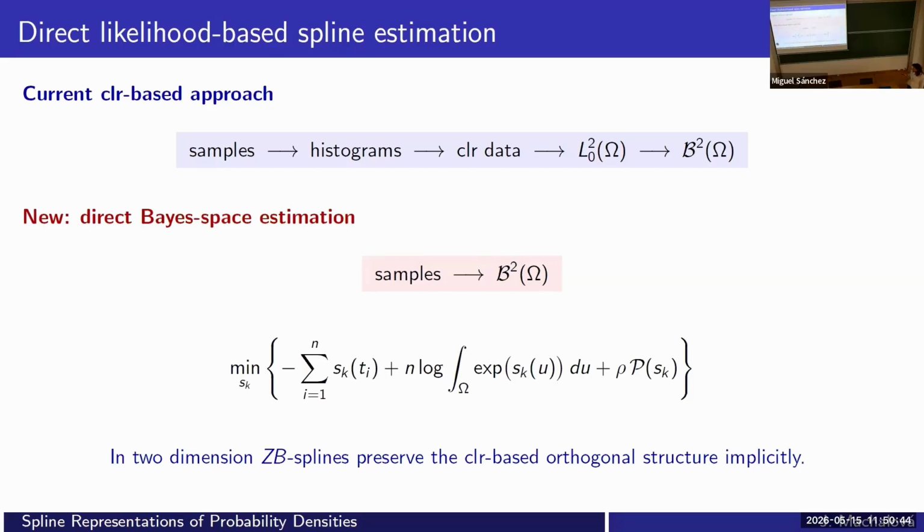So it means that we use the maximum likelihood idea. From samples, we use ZB splines immediately to get a spline representation in Bayes space.